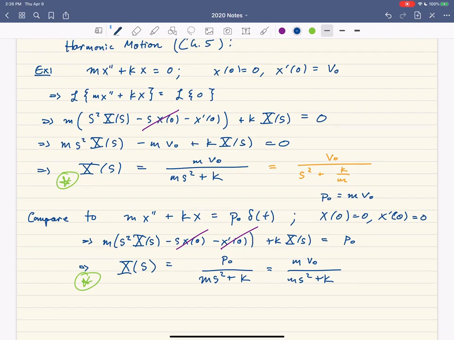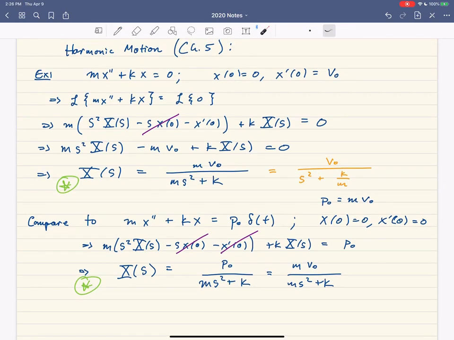The real purpose here is that if we had a homogeneous equation, but we insisted on an initial velocity, meaning we give the system an initial push with a certain velocity of v naught, that's the same as having initial position and initial velocity both 0, but having a non-homogeneous equation.